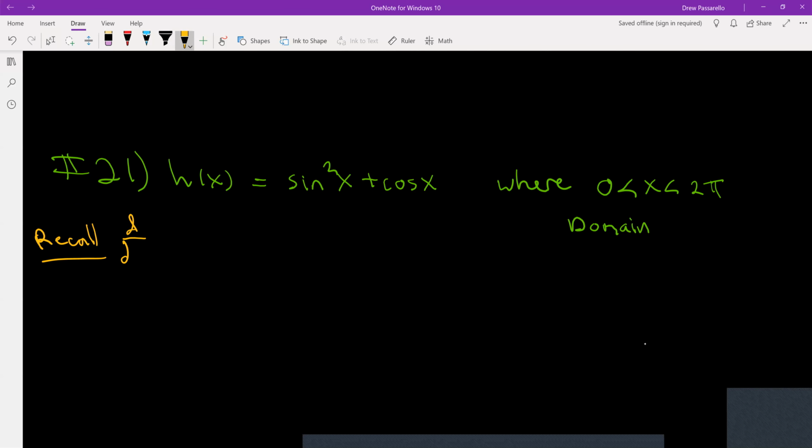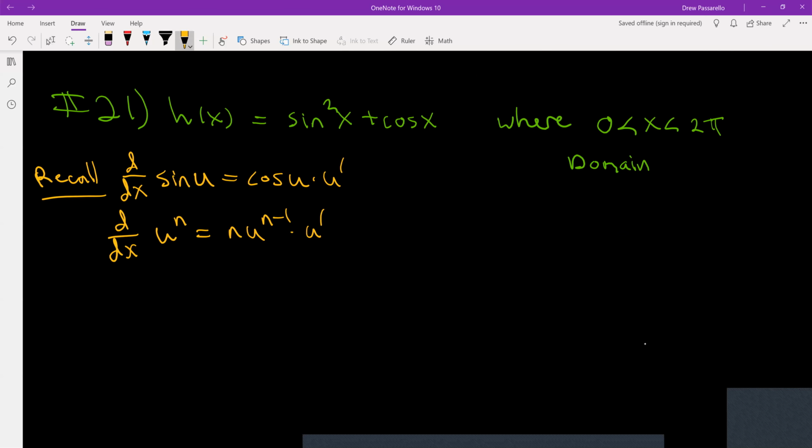Now for this, if I'm going to find the derivative, recall that the derivative of sine of u is equal to cosine of u times u prime, and then also the general power rule. And the derivative of cosine is negative sine.